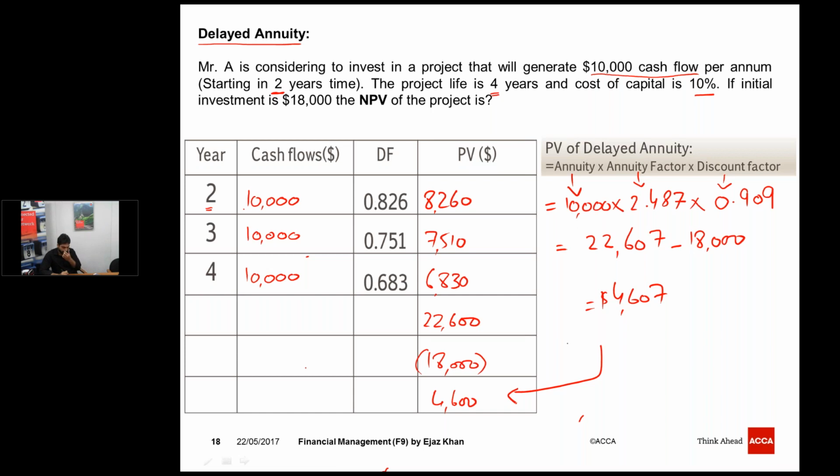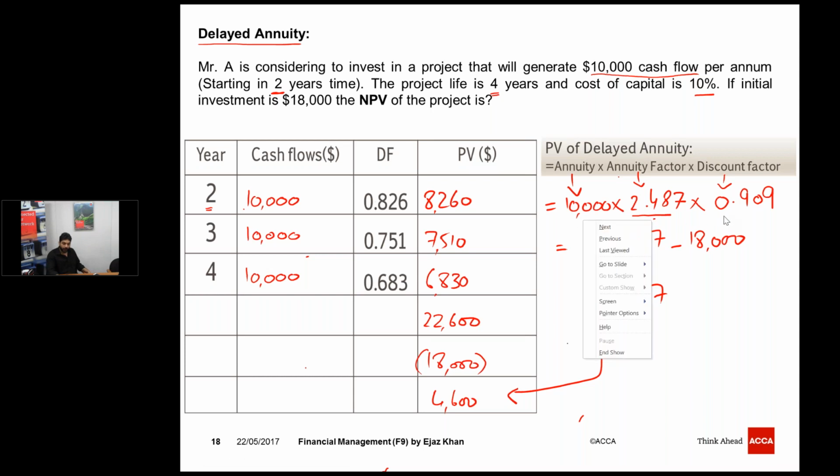So let me repeat this once. Annuity factor, you have to multiply annuity with annuity factor and discount factor at the same time. To get the right or relevant annuity factor, you need to calculate the number of cash flows. In this project, we have 3 cash flows. So we just went to the annuity table, we went to the 10% column and year 3 row to get the relevant annuity factor, because we will be receiving 3 cash inflows.